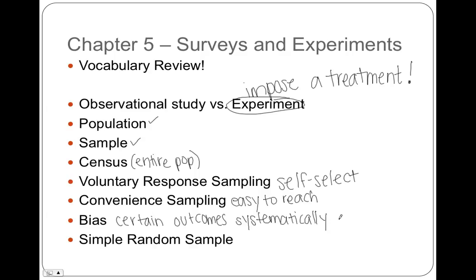I think I've told you this already, but I have a big pet peeve when it comes to the word bias. Students have a tendency to just throw that word out there thinking it explains everything. Oh, this study is bad because bias. Man, I got that question right. No, guys, you have to explain what bias means. What's the source of the bias? And in what way is our conclusion going to be affected?